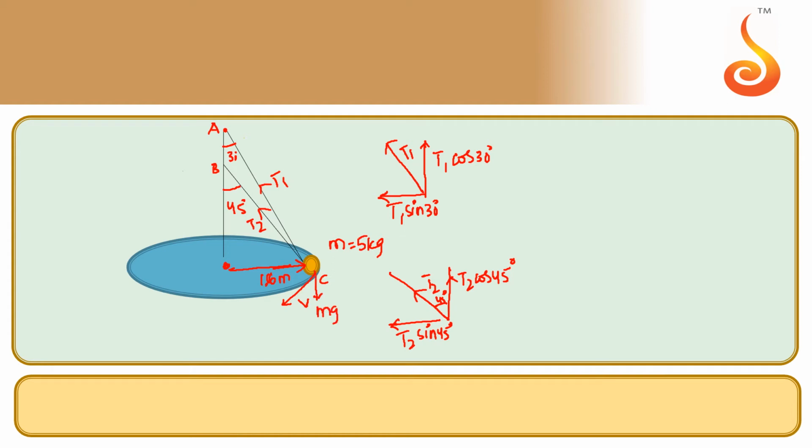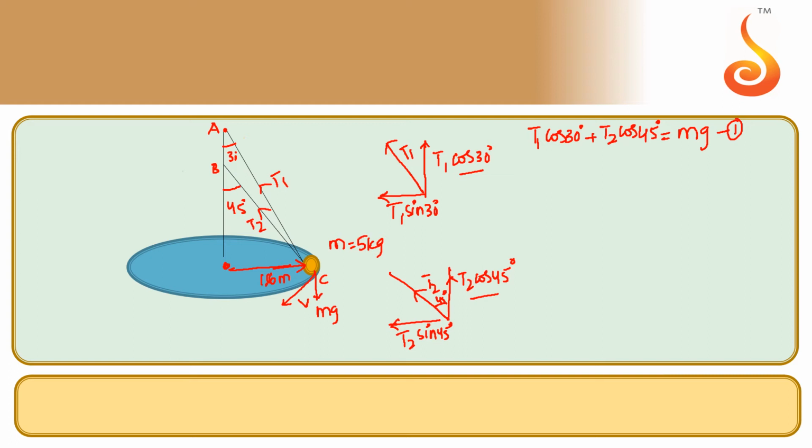So what we can write, the upward forces are T1 cos 30 and T2 cos 45, and the downward force is its weight. So T1 cos 30 plus T2 cos 45 will be equivalent to its weight. So this is equation 1.